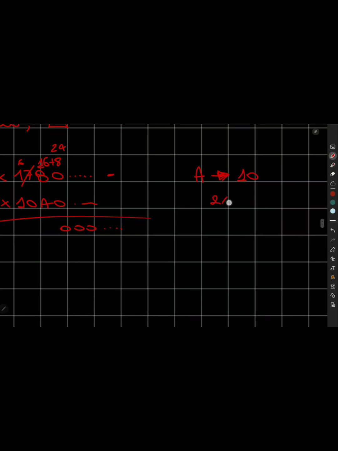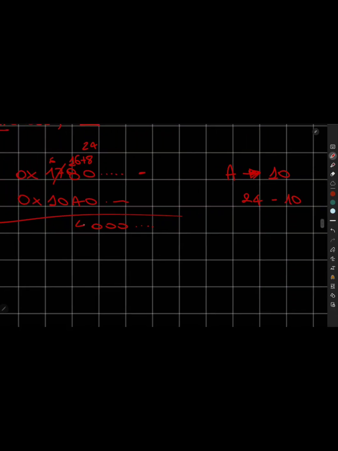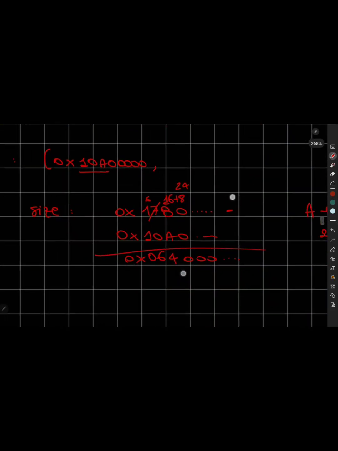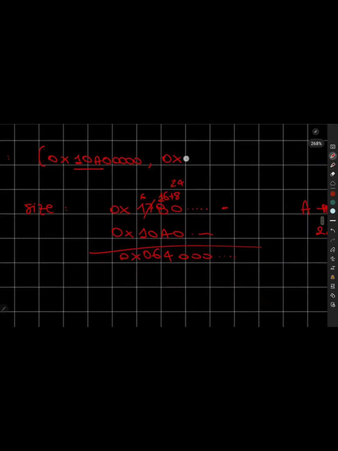So I'm doing 24 minus 10, so it is 4. 6 minus 0 is 6, and 1 minus 1 is 0. So the size of this F2 block is going to be 064.